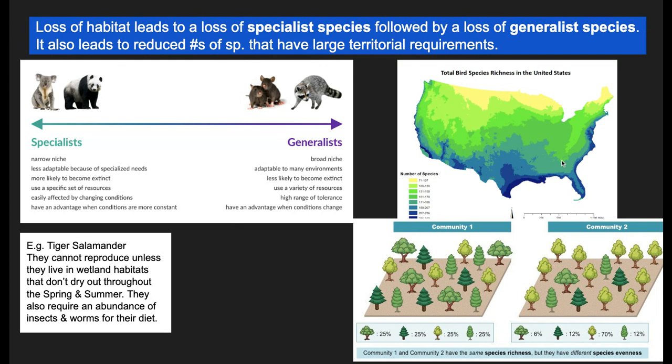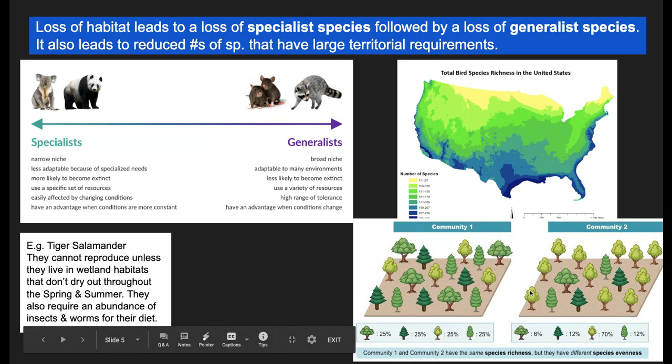Now, because of the different habitat locations, as we saw with habitat diversity, we're going to have different species richness. I took an example like the bird species richness in the United States, which is going to decrease as you go north because we're changing our biomes, right? We're changing our habitat. So the biodiversity for birds will decrease in a way.